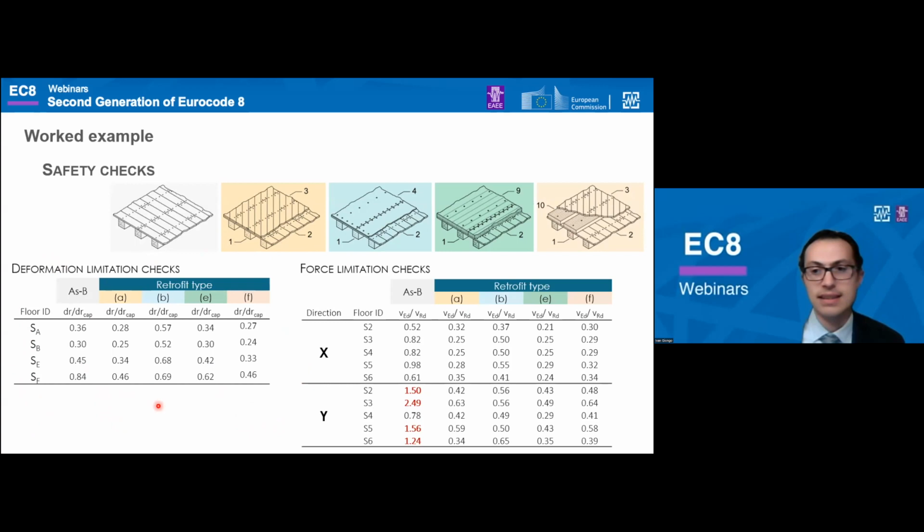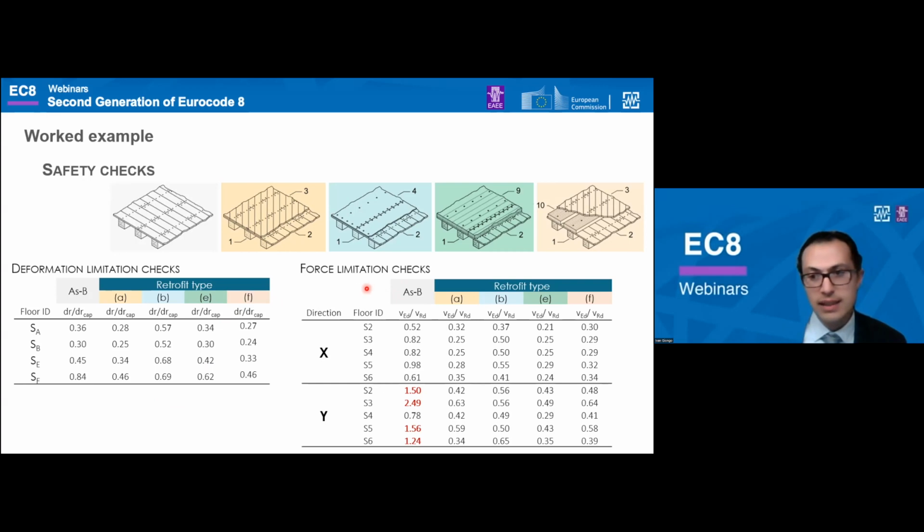And what we see is that, thanks to the relatively good deformation capacity of timber diaphragms, all diaphragms pass the check independently from the configuration. But it's worth reminding that such deformation limitation concerns exclusively the timber diaphragms, and that the compatibility with the deformation capacity of the masonry walls has to be checked separately according to the provisions in chapter 11.